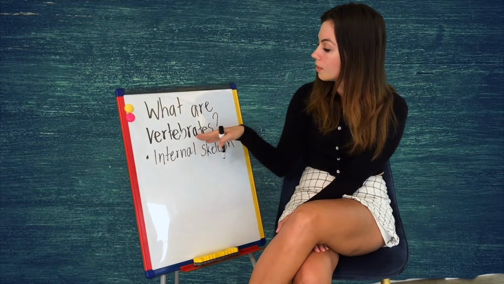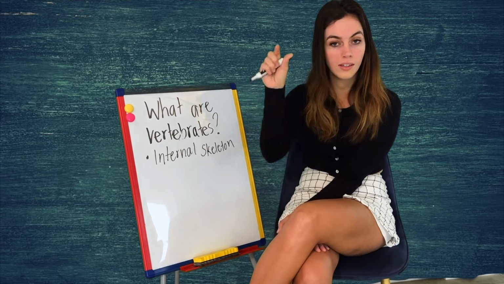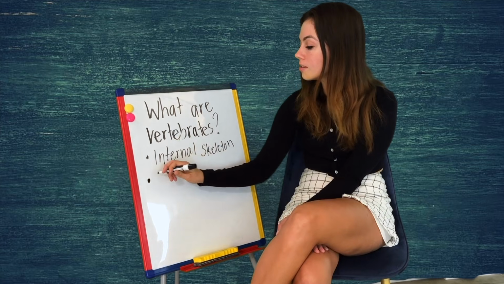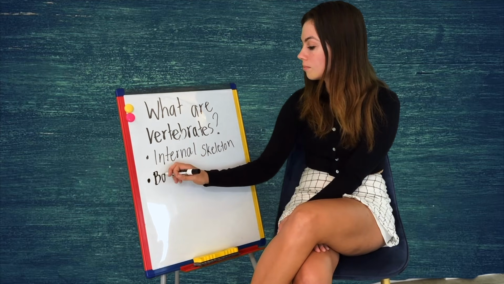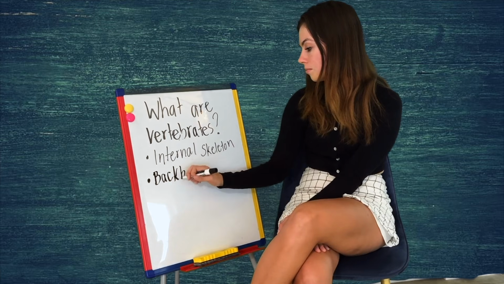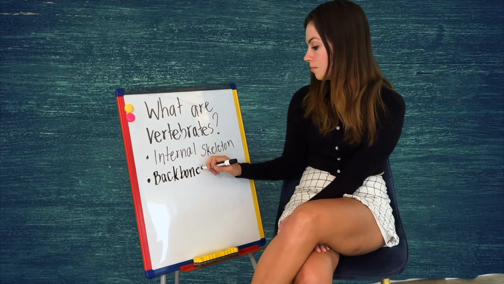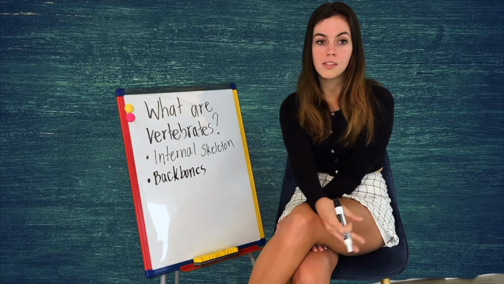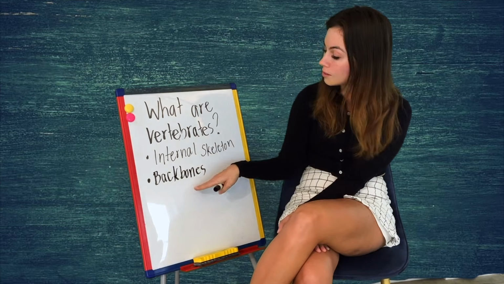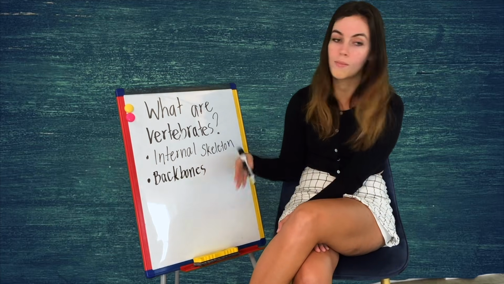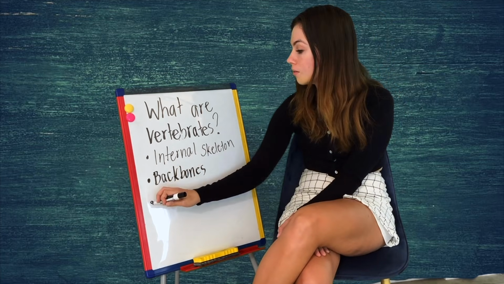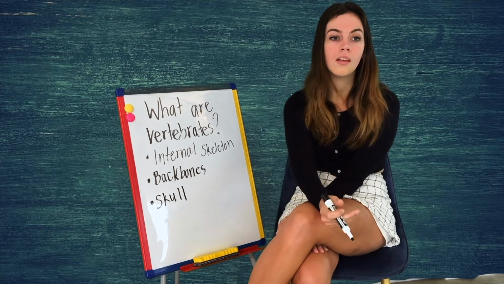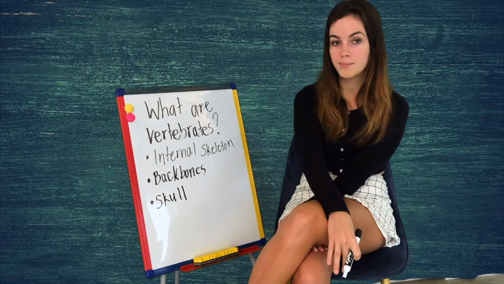Another huge feature of vertebrates is backbones, which are made up of many small pieces. And vertebrates also have a skull, which surrounds and protects the brain.